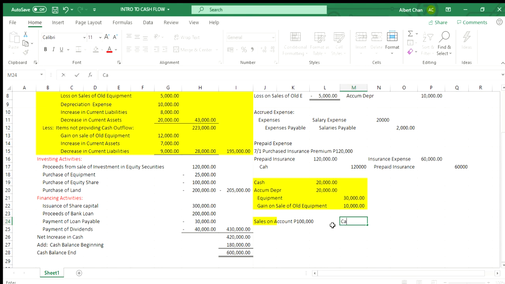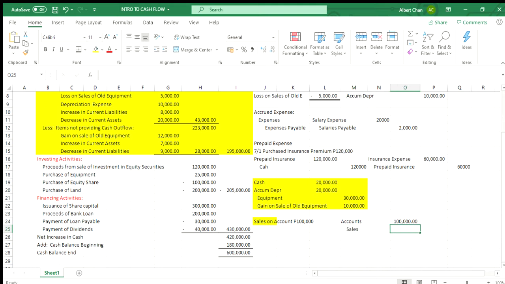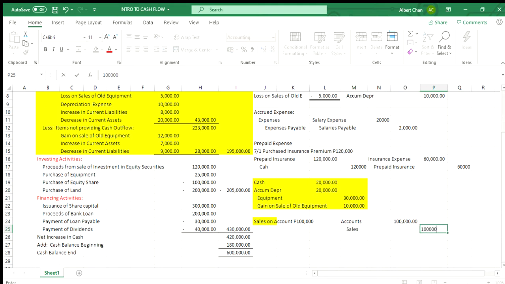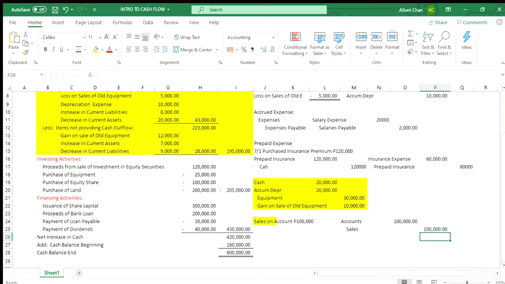Debit accounts receivable of 100,000, and your credit is sales, which is also 100,000.